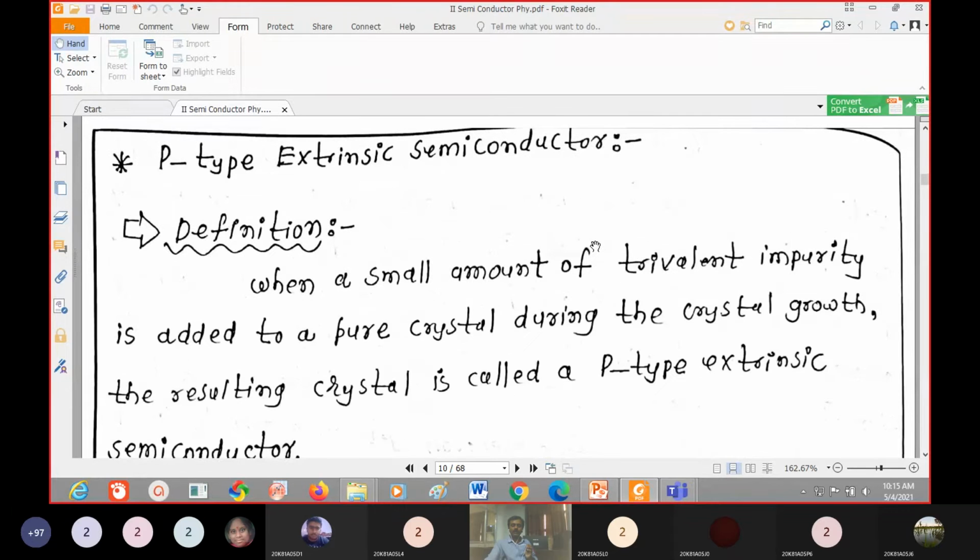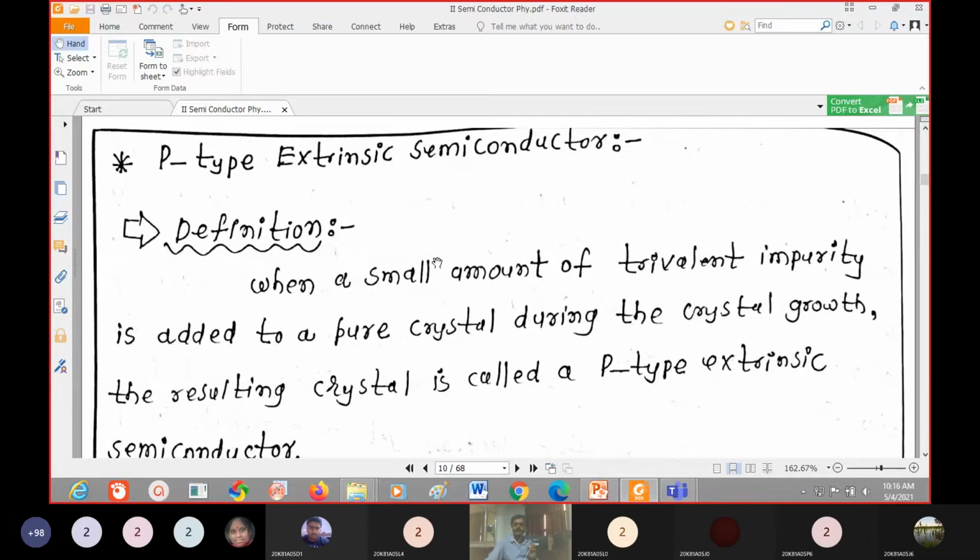Finally, what we have to conclude is that in an n-type semiconductor, majority charge carriers are electrons and minority charge carriers are holes. Compared to the number of holes, the number of electrons in the conduction band is very high. That is the final conclusion for the n-type extrinsic semiconductor.